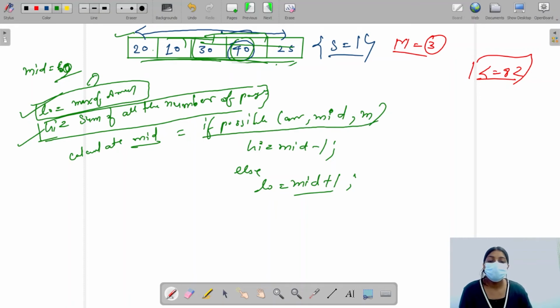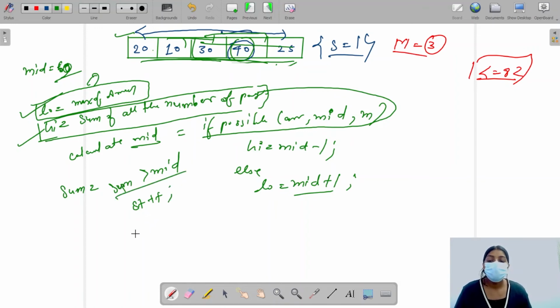We will prepare an isPossible method, in which we keep a sum, and whenever my sum becomes greater than mid, I increase my student count, that is, I need more students. And I return whether my student count is less than or equal to m.